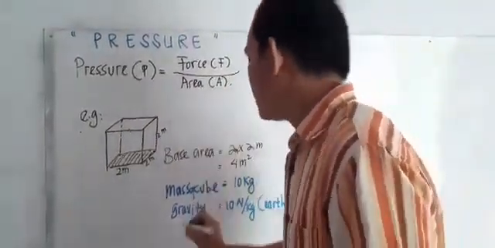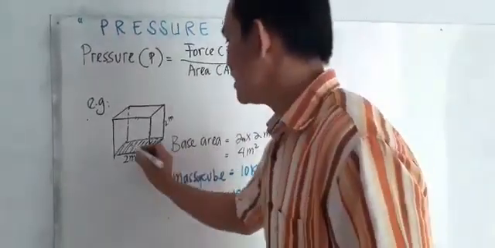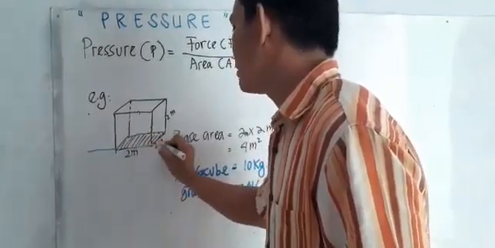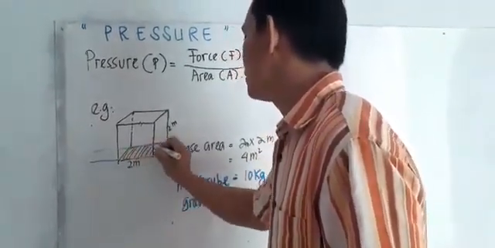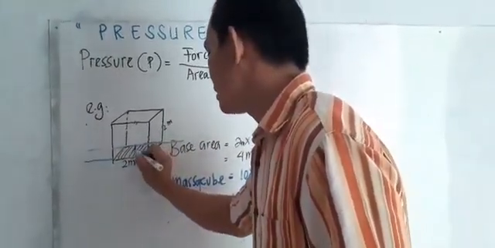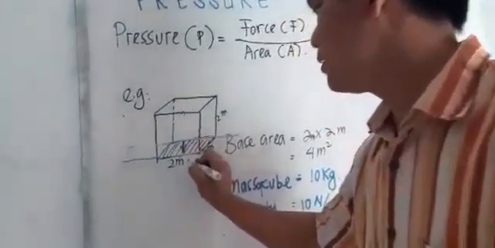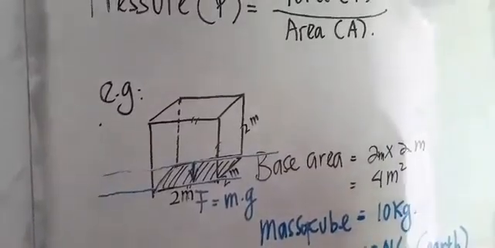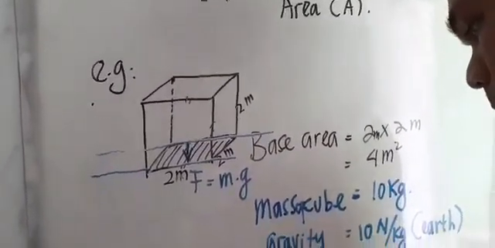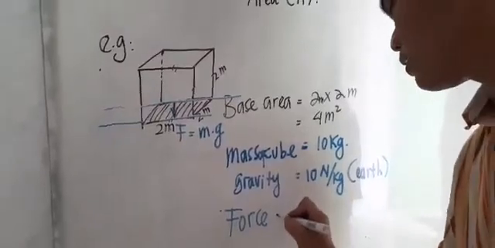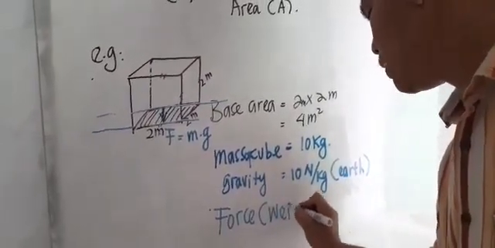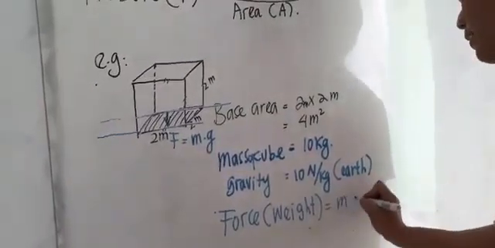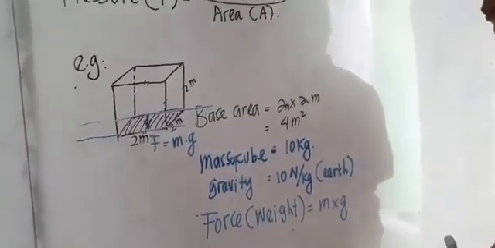Then the force that is exerted by the object to the land is equal to mass times gravity. In this case it is the weight of the object, equal to mass times gravity.